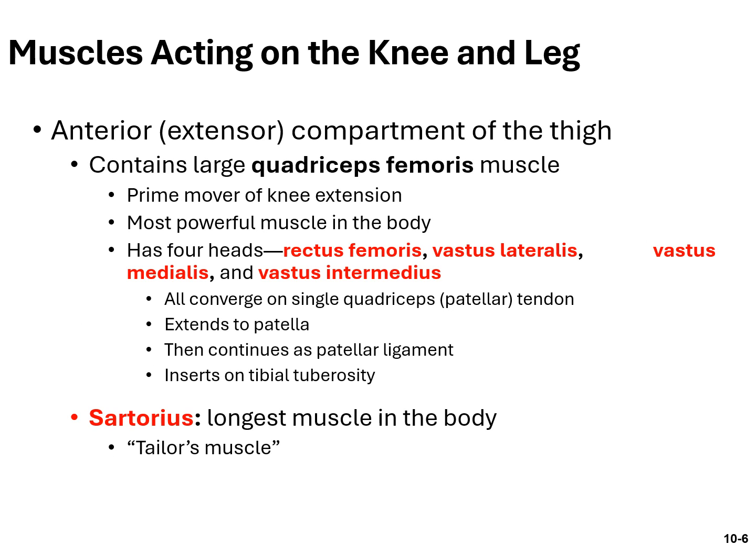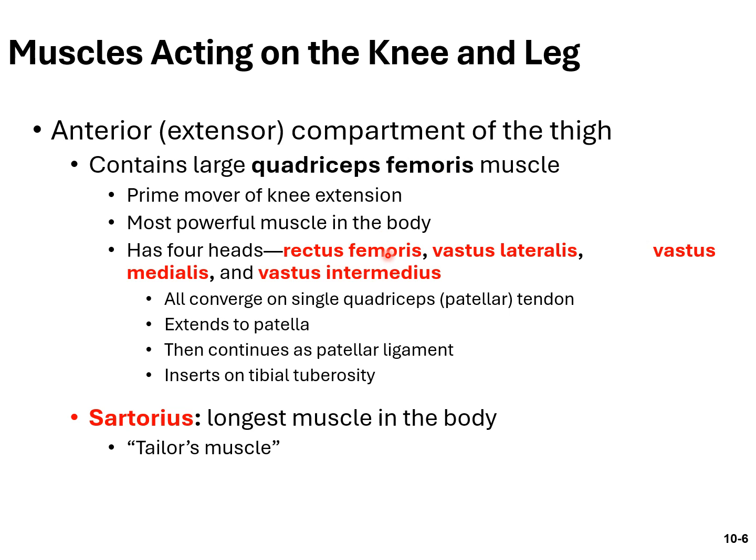Now we're going to look at the muscles acting on the knee and the leg, but these are going to be the extensors. Some books call it the quadriceps femoris muscle, but for the most part, the quadriceps femoris is 4 individual muscles. Quadricep, 4.